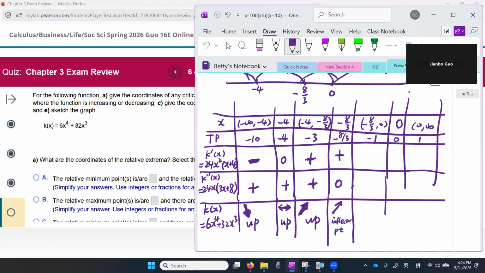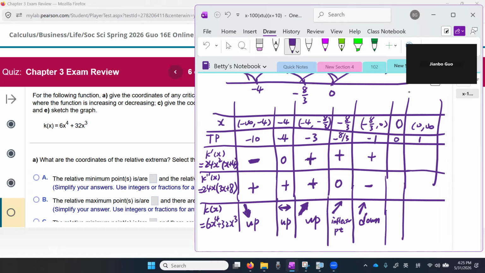And when x equals negative 1, positive, so continue increasing, and the second derivative is negative, so concave down. So you can see the function changed the concavity after passing negative a over 3.